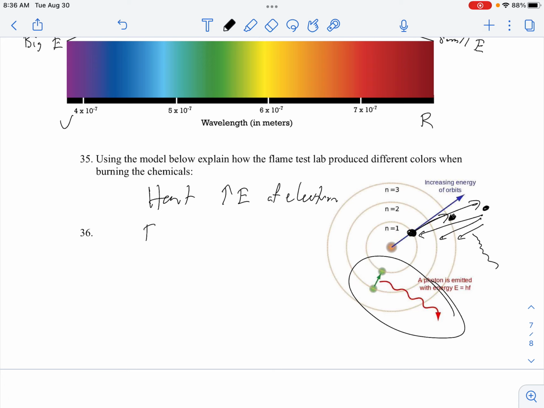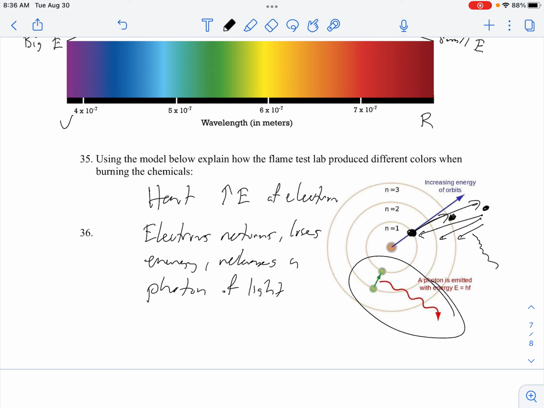And then when the electron returns or loses energy, it releases a photon of light. Okay, photon of light. And that's how we get the pretty colors.